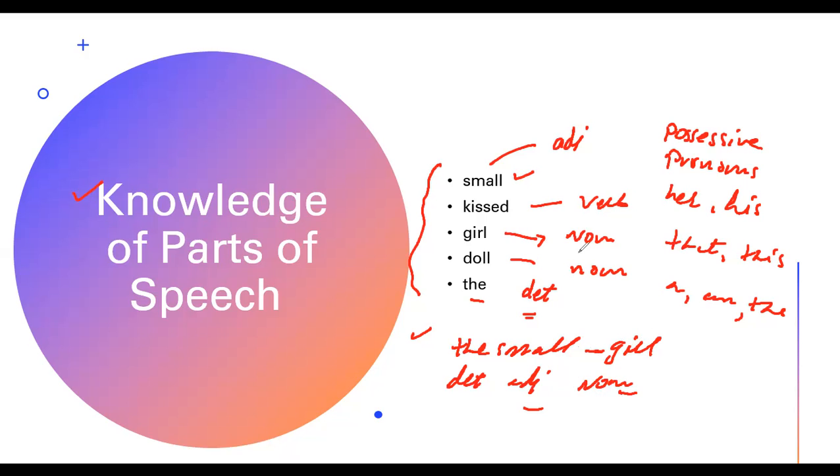Now, what does that mean? This means that this word girl is the one which is making sense for all of this. So if I remove girl, the small wouldn't mean anything. If I remove small and girl both, the wouldn't mean anything. But on the other hand, if I write girl, it may have some meaning. So noun basically is the head for all.